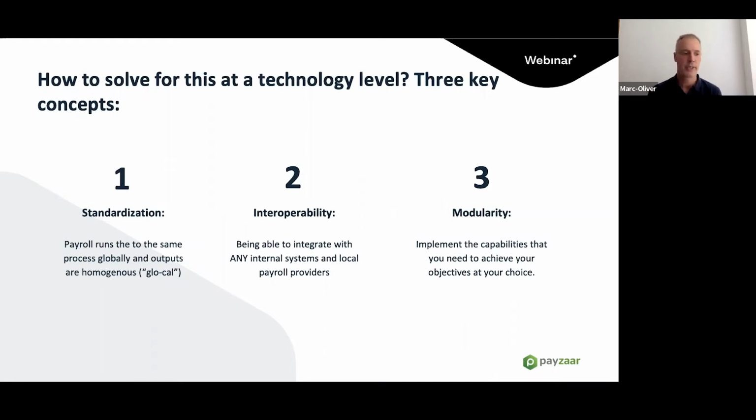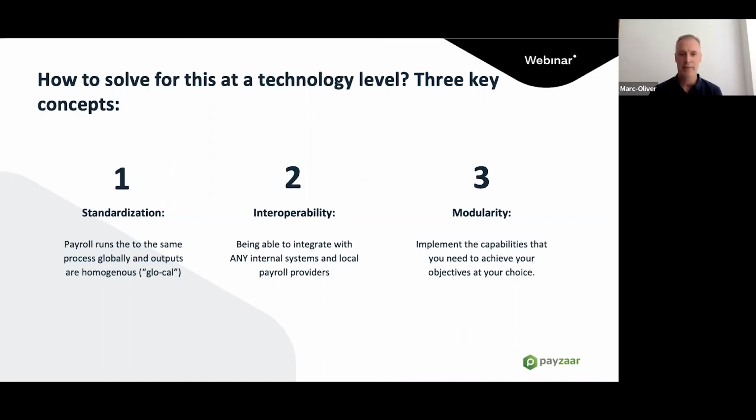Second important point is interoperability, right? You heard Trevor talk about the fact that the idea of replacing all your existing local payroll solutions should be a very daunting endeavor, right? Because it's time consuming, it's quite risky.